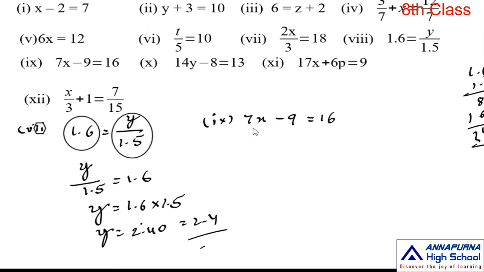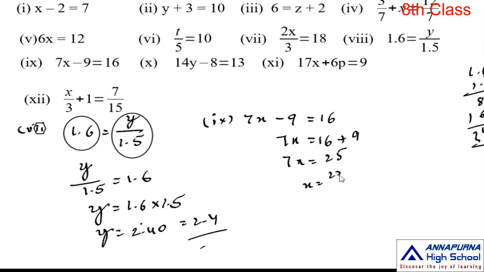On the left side, 7x minus 9, there is one variable term and one constant term. So first transpose this constant term to the right side. Minus 9 transposed to the right side becomes plus 9. So 7x is equal to 16 plus 9, which is 25.